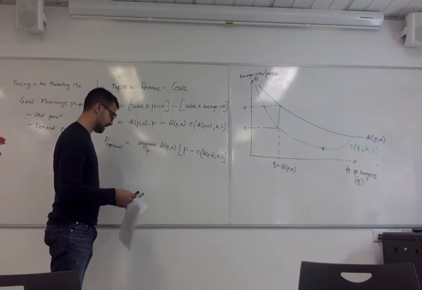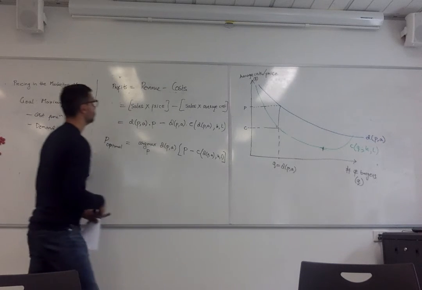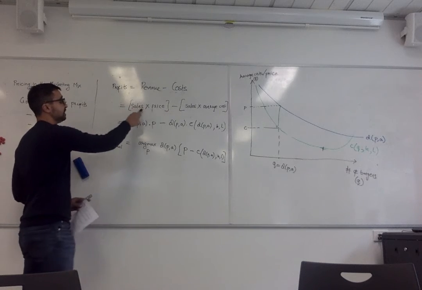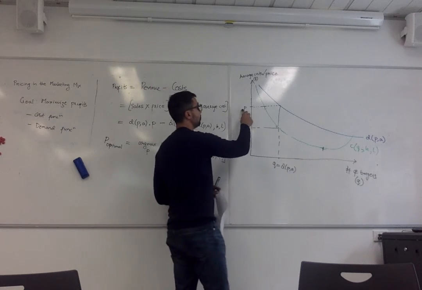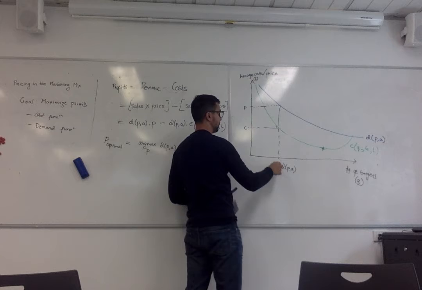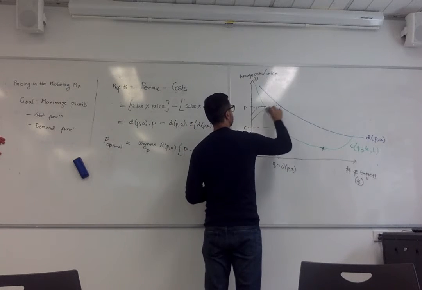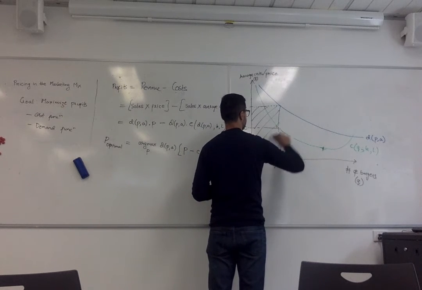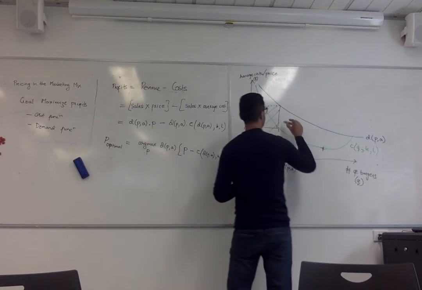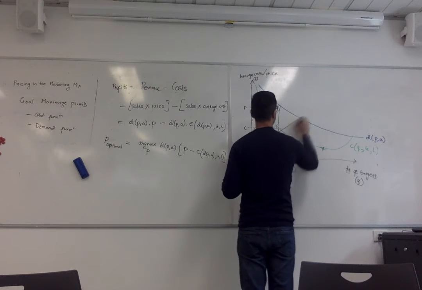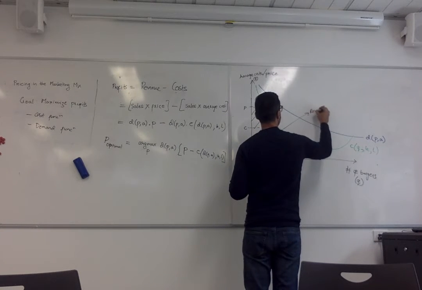You can also visualize that graphically. So revenue is sales times price. So for a given price, these are the expected sales, and so the area under this rectangle is equal to revenue.